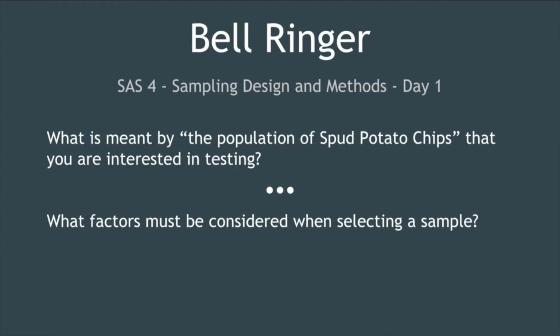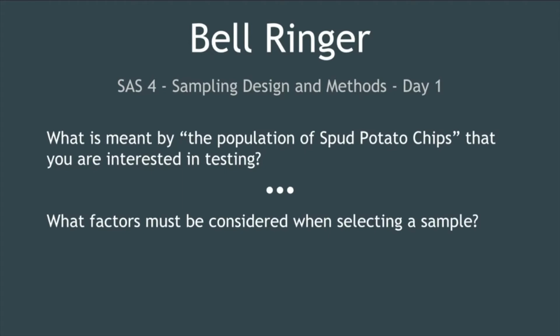What is meant by the population of spud potatoes? Are we talking about the ones coming off the line today in the manufacturing plant? The ones that came out of the plant yesterday, the ones that will come off the plant's line tomorrow? The population of spud potato chips. But think about what the word population means. Population means the entire group, okay?